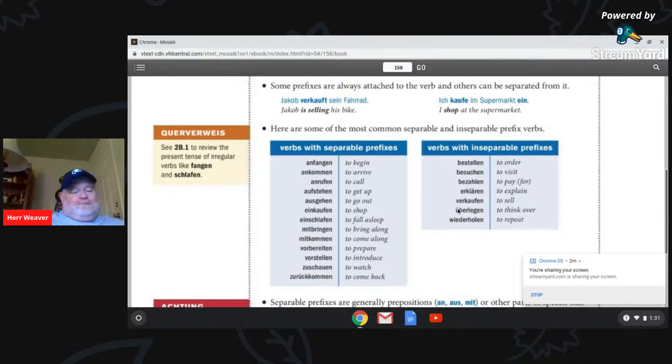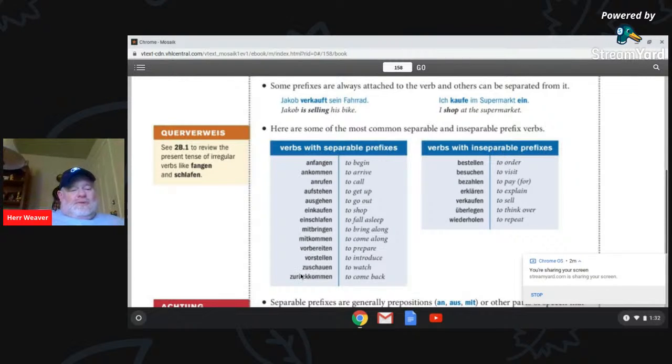Over here is the slightly more complicated, but not that complicated, part. Below I see fangen after the prefix an, kommen after the prefix an, rufen, stehen, gehen, another kaufen, schlafen, bringen, kommen, bereiten, stellen, schauen, kommen again. Those have the prefixes an, auf, aus, ein, mit, vor, and zu.